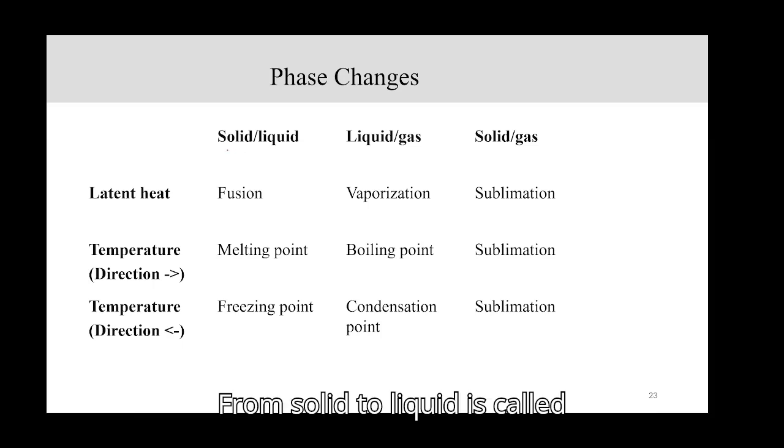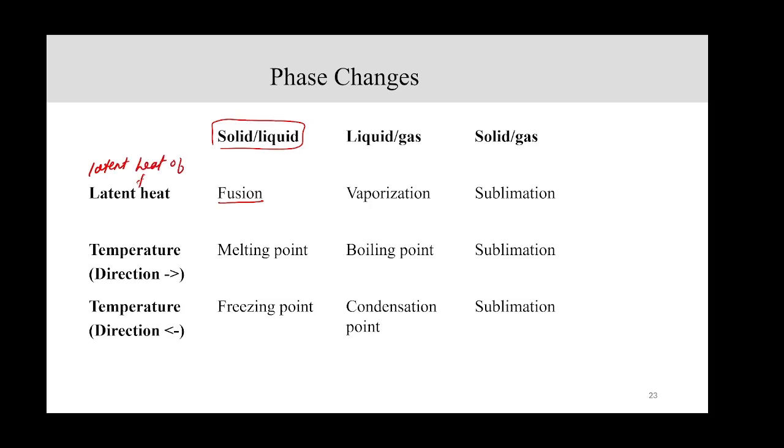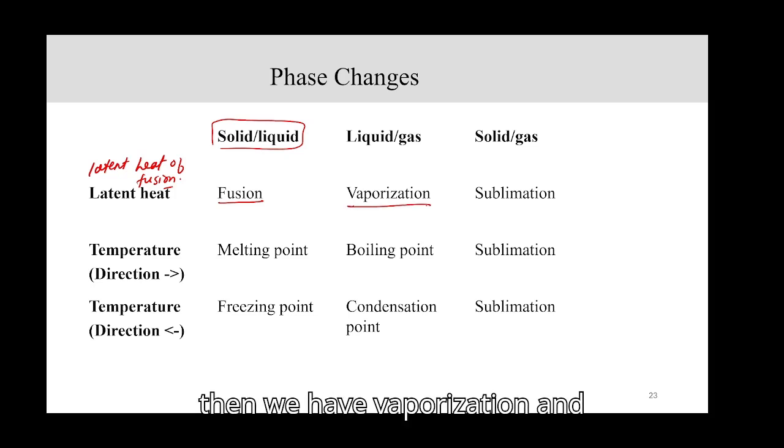From solid to liquid is called fusion, and we generally call the latent heat the latent heat of fusion. And this fusion includes both solid to liquid and liquid to solid. And then we have vaporization, and we call it latent heat of vaporization.